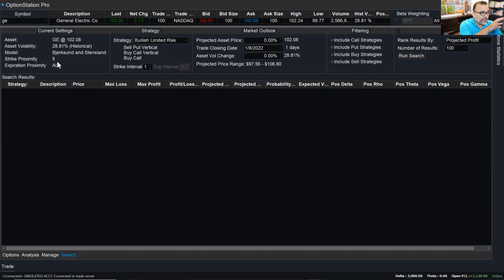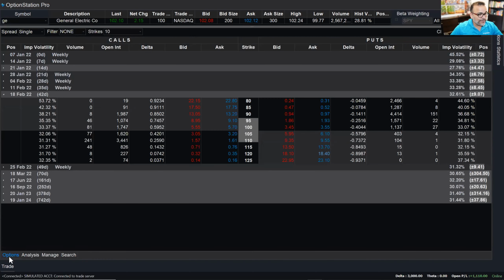Because remember, whatever it says here is the data that we're supplying the search to filter for. So if we want to add a little bit more, make sure you do that before you run the search. How do we change the strike proximity? We go back here to the option chain. The strike proximity is clearly seen right here. We only see 5 strikes above and 5 strikes below.